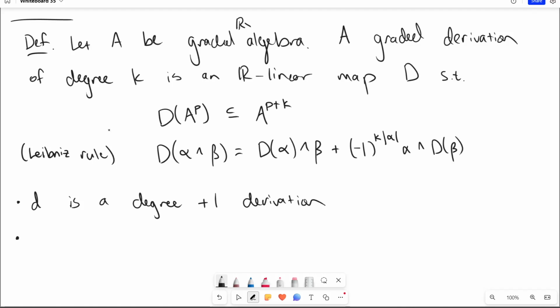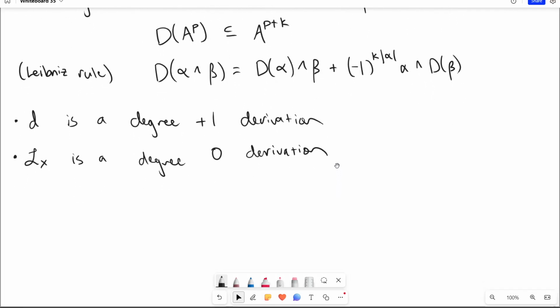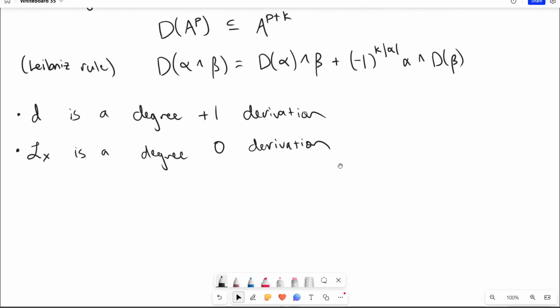So then another term appearing is this Lie derivative. This Lie derivative is a degree 0 derivation. And this matches up with what we see when we're studying just vector fields instead of the whole de Rham algebra complex. When we're studying vector fields, we think of vector fields as derivations.